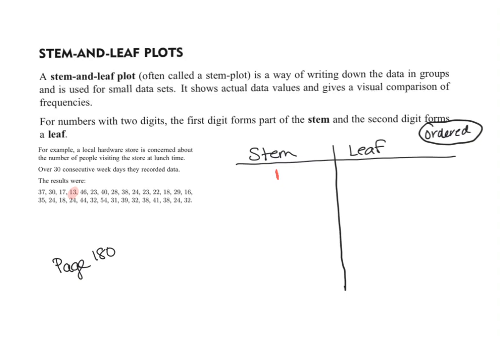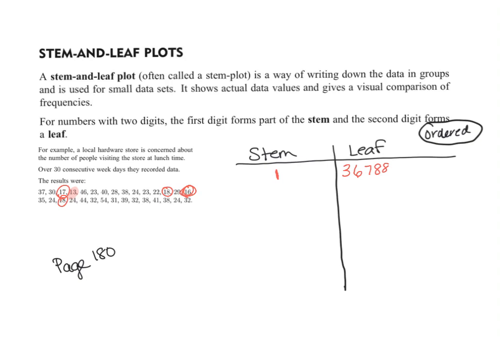So that's a 1 for the stem, and our leaf would be 3. Our next number is 16. We keep our 1 on the left and then write a 6 beside it as our leaf. After that, we have a 7 for 17 and 18. And 18 happens twice, so we're going to write that in there twice.